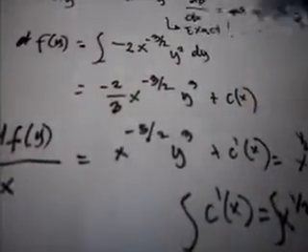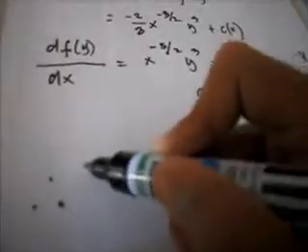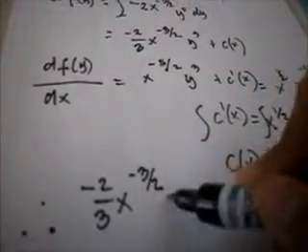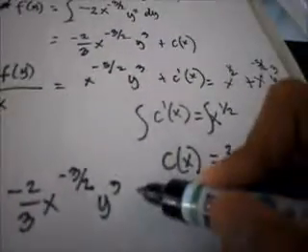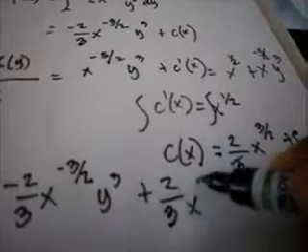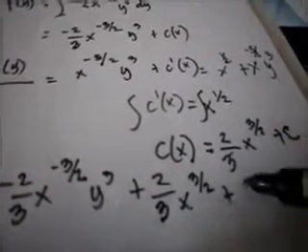We just substitute this value into our f to have our final answer: negative 2/3 x to the negative 3 halves y cubed plus 2/3 x to the 3 halves plus c is equal to 0.